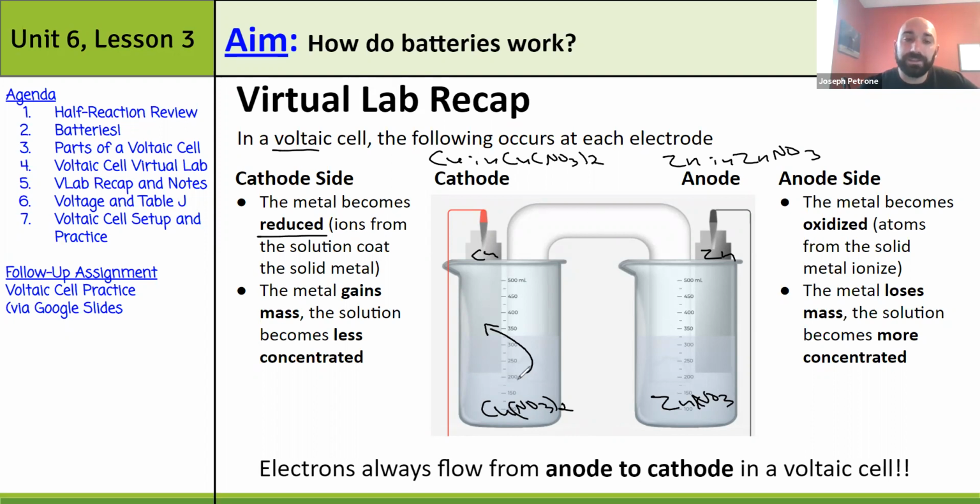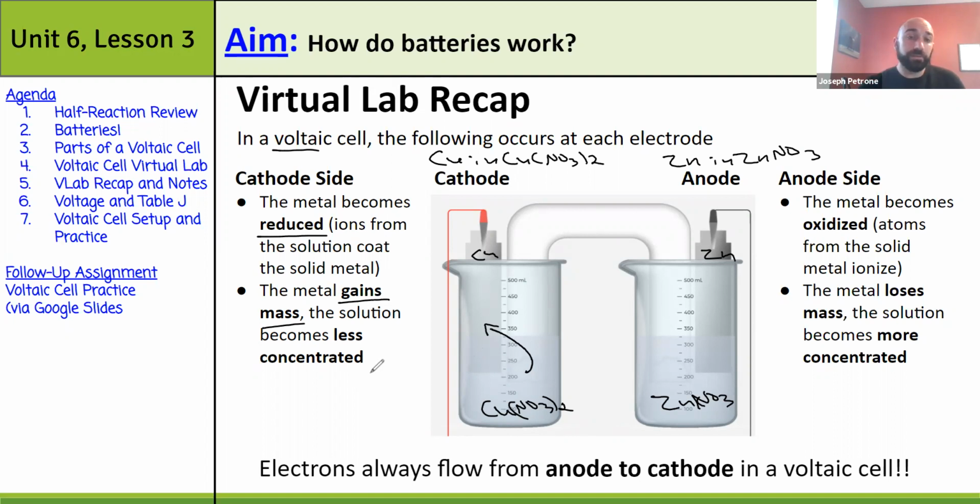As the ions come out of solution, they plate onto the copper bar. What this does is allow the metal to increase in mass. So the metal itself gets heavier. It's taking on more copper atoms, becoming a bigger piece of metal.